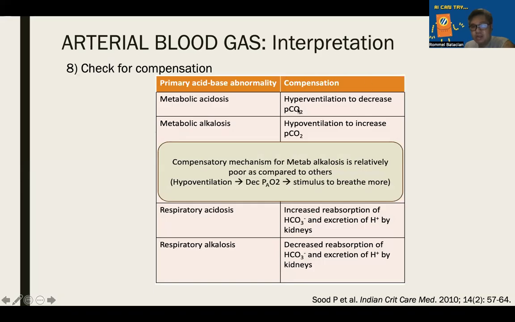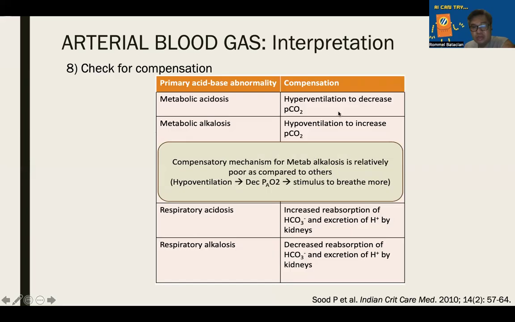So the body tries to compensate since the bicarbonate buffer system is ineffective due to deficient bicarb. So another acid-base buffer system is the respiratory pathway. So now the individual hyperventilates in order to decrease PCO2 by increasing carbon dioxide excretion.